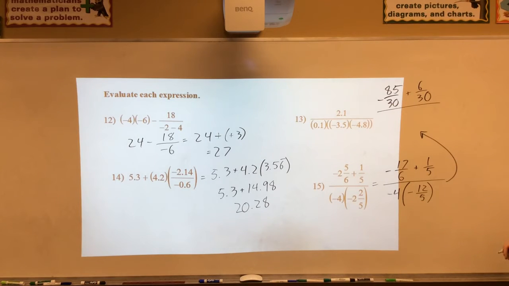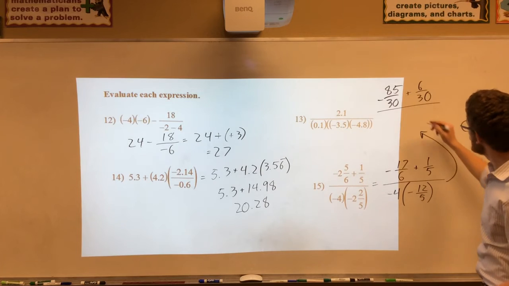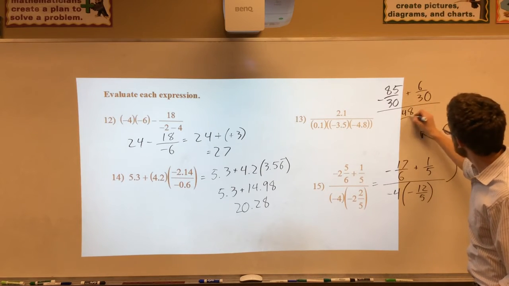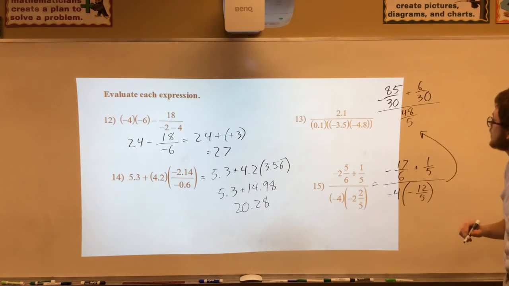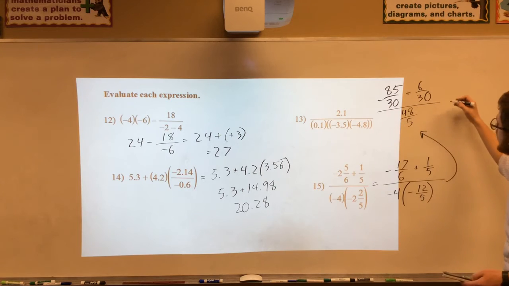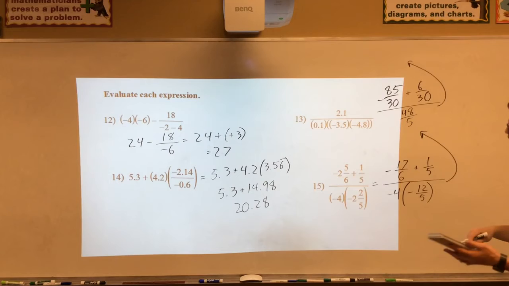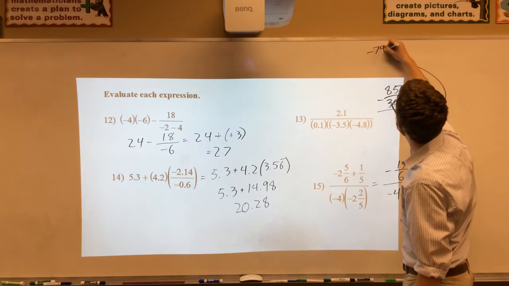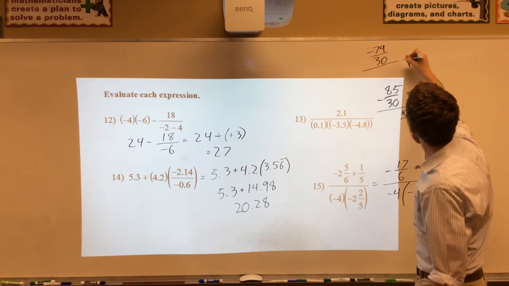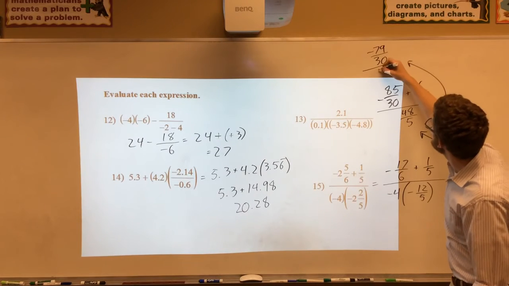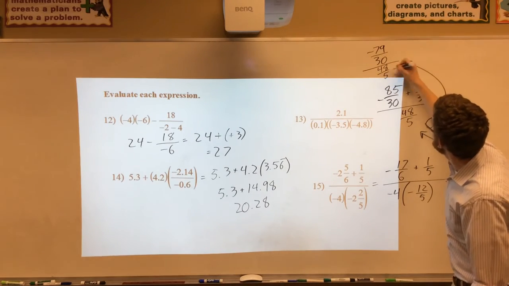I can go ahead and multiply these. Negative 4 times a negative 12 over 5 gives us a positive 48 over 5. Combine up here, negative 85 over 30 plus 6 over 30 gives us a negative 79 over 30, all divided by that 48 over 5.